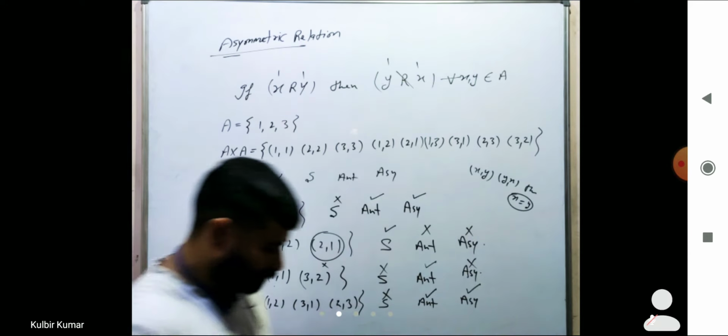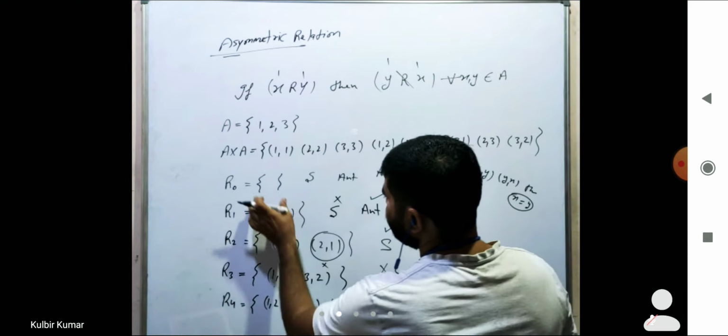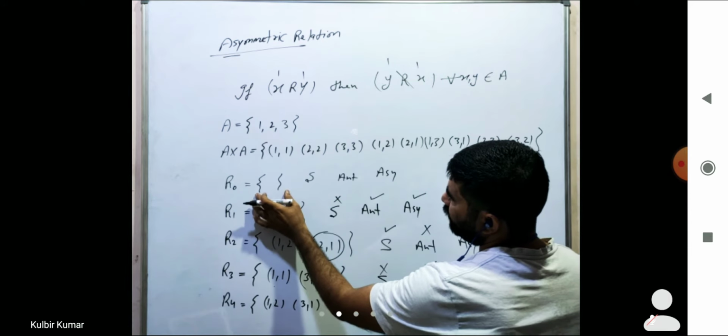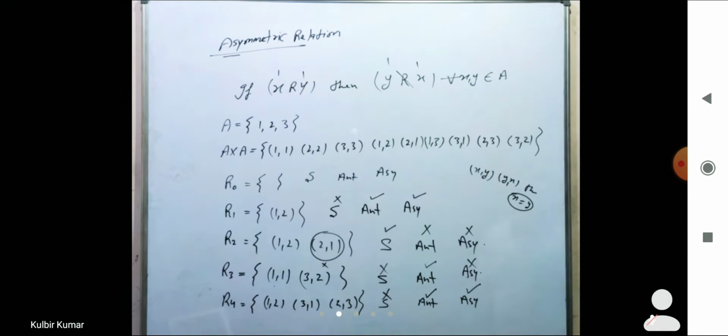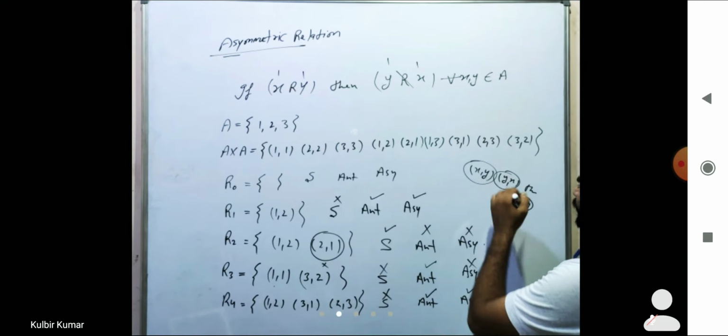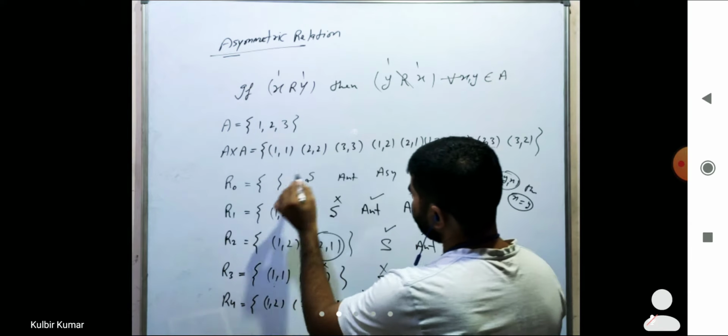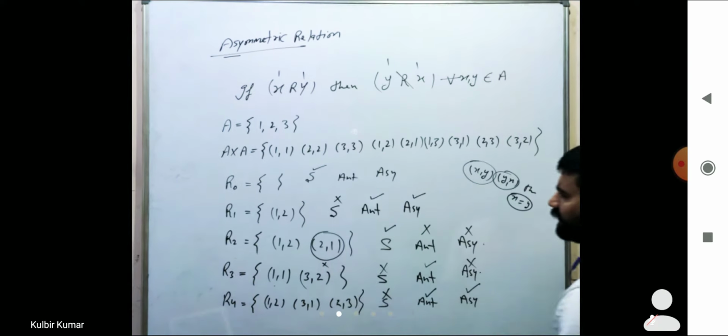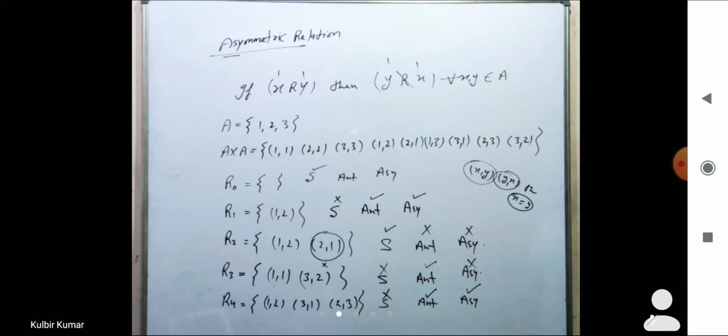Let's see. This is what an empty relation. In case of empty, there is no problem in case of symmetric. हाँ, symmetric में condition क्या होगी, x relate y, y relate x. अगर ऐसा कुछ हो ही नहीं रहा तो no problem. It is symmetric. What about anti-symmetric? Here it is anti-symmetric or not?